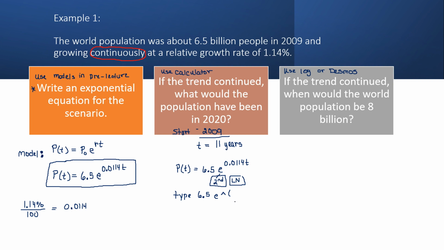And so the exponent that we have here is 0.0114. And instead of t, I'm going to type times 11 because this is to be 11 years later. And so give me a moment. I'm typing that into my calculator.